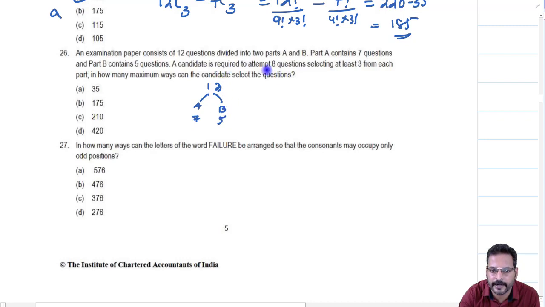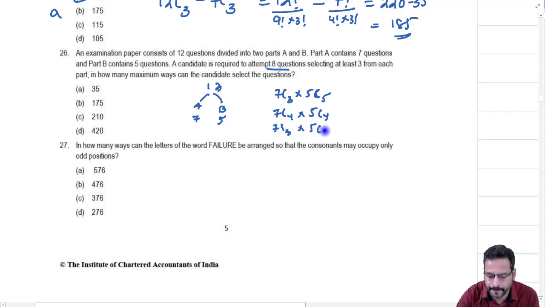A candidate attends 8 questions, selecting at least 3 from each part. So if we choose 3 questions from the first, that means 7C3, then 5 questions from part B. Then 7C4 into 5C4, 7C3 into 5C5, 7C5 into 5C3.